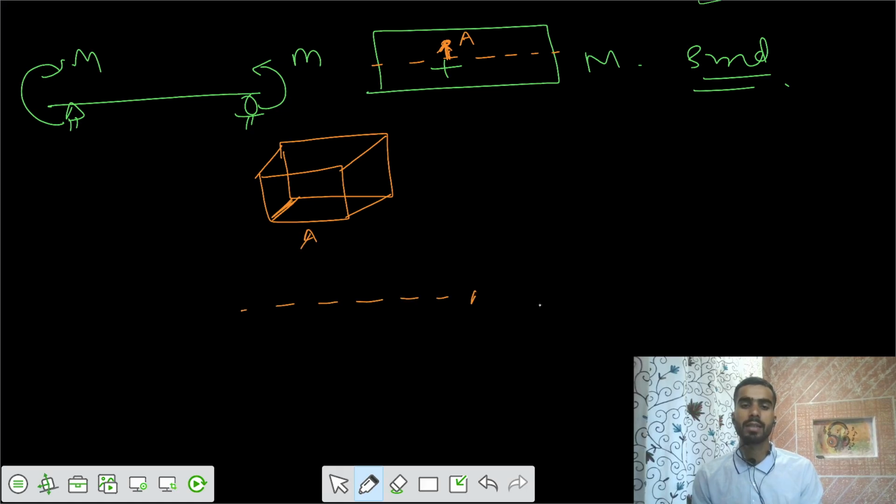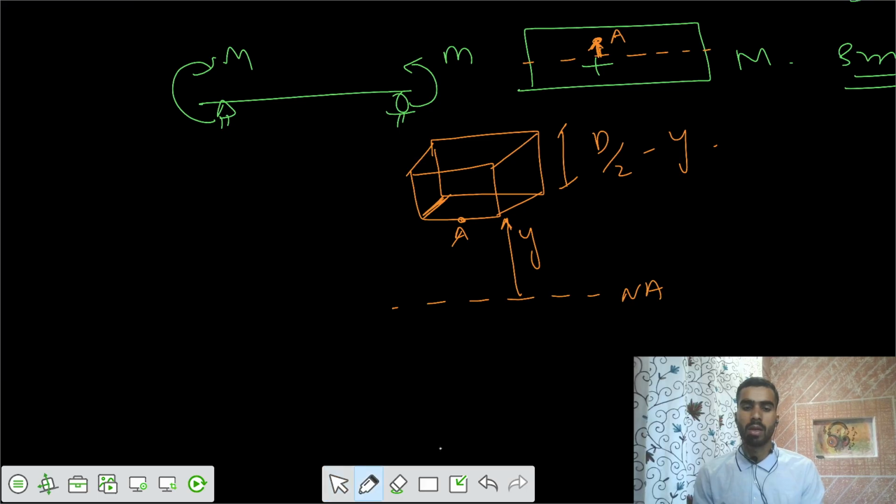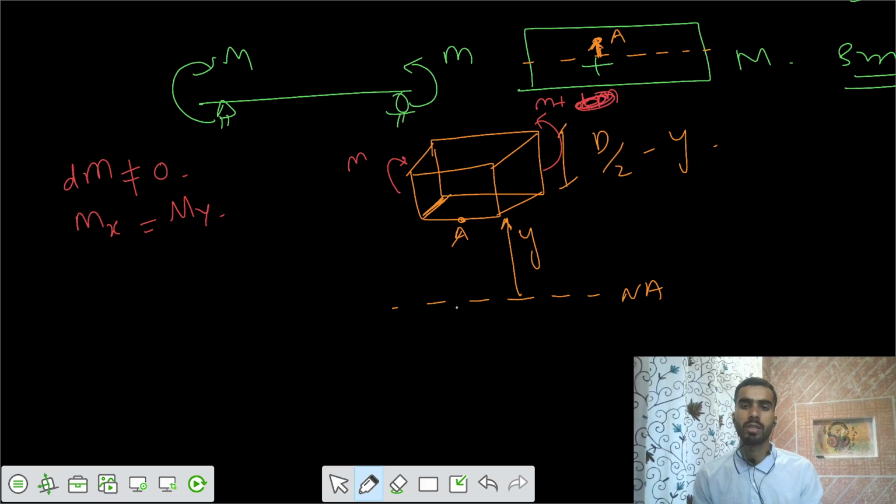This was the neutral axis, and you took that point A above the neutral axis by a distance of y, and this was d/2 minus y. Then we said there would be some moment M developed here, and here some moment M plus dM. But we know that there's no change in bending moment, so M from the x side equals M from the y side. So your dM equals 0.